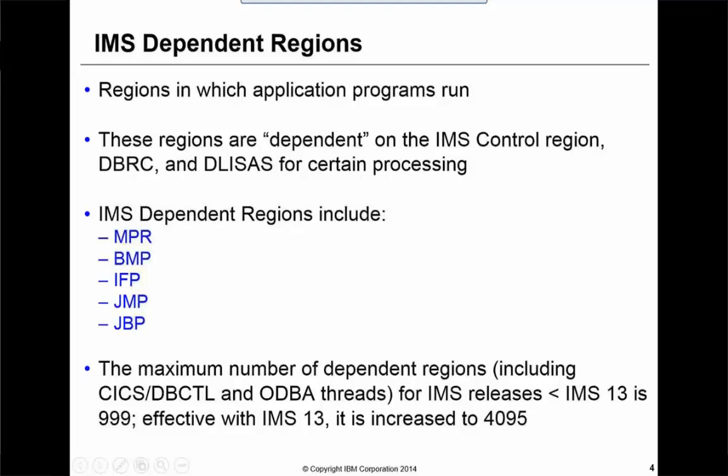Also, the maximum number of dependent regions that you can have, including threads coming in from CICS or ODBA, in versions of IMS prior to version 13 was 999, and with IMS 13 and onwards is 4,095. So you can have up to 4,095 dependent regions starting with IMS version 13. And any combination of these, by the way, any combinations of MPRs, BMPs, IFPs, JMPs, or JBPs.